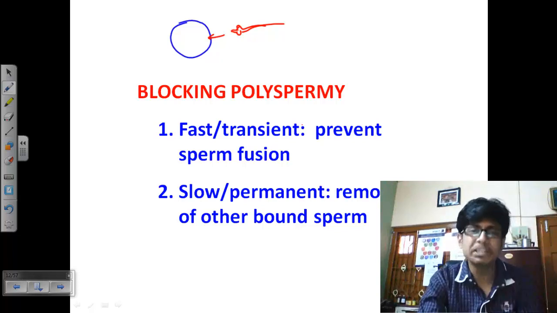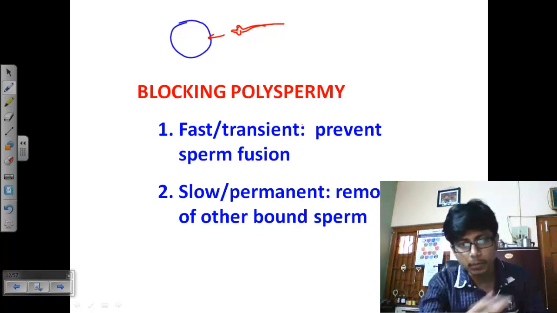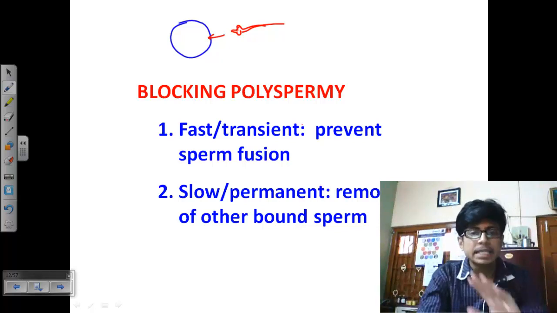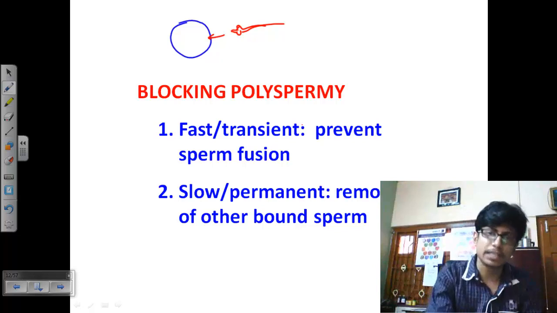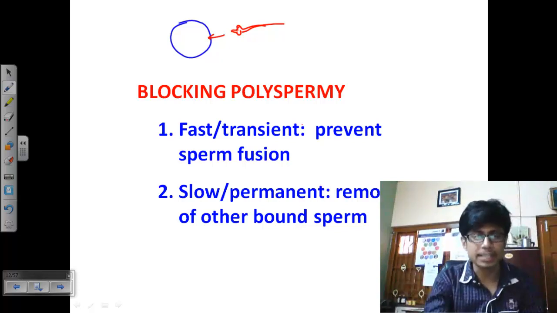The fertilization process is extensively studied in sea urchin, because in the whole process of developmental biology there are different phases like fertilization, blastulation, gastrulation, organization, and morphogenesis.